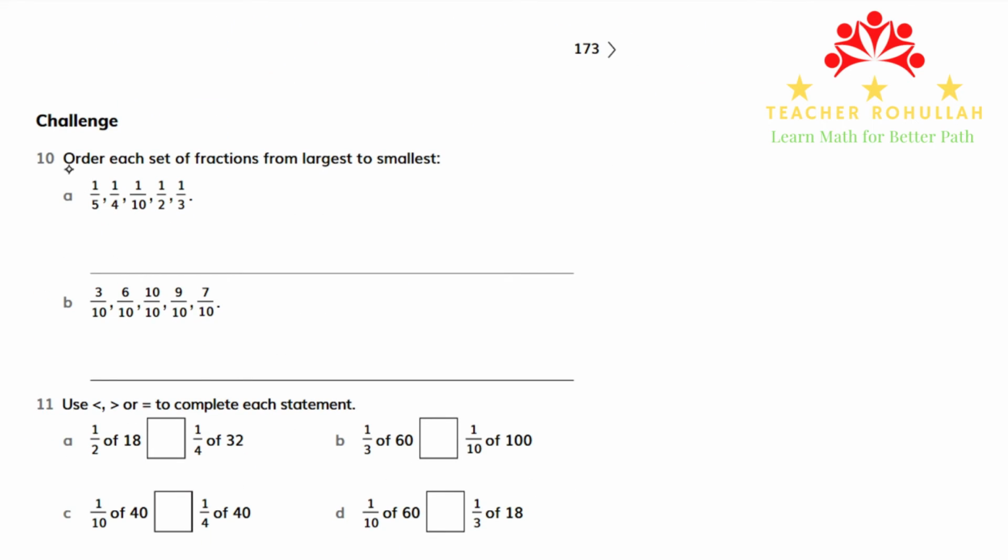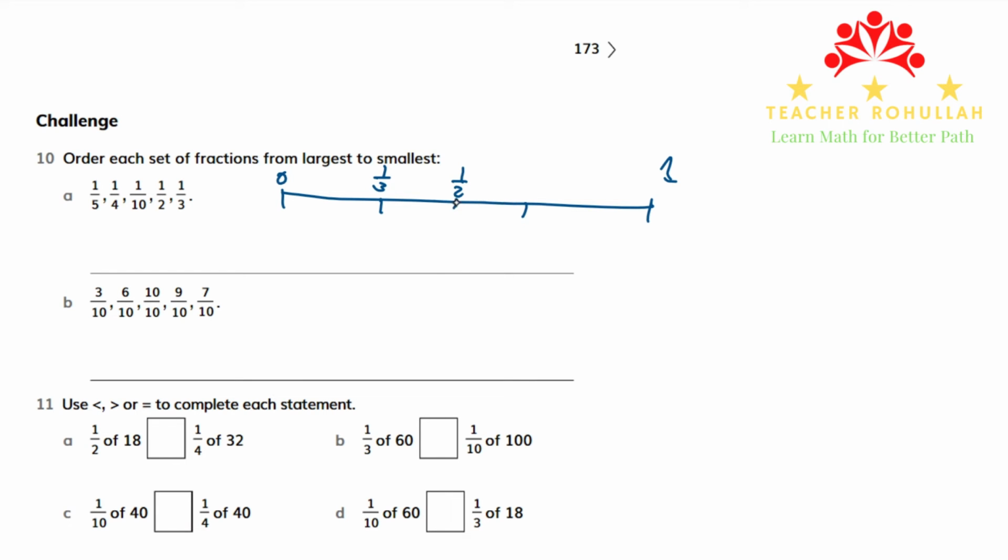Question 10 is a challenge, and it says, order each set of fractions from largest to smallest. Let me draw a number line over here, because a number line can easily help us to compare fractions or numbers, whatever we have. If this is 0 and this one is 1, now if we cut it into halves, this is showing 1/2. If we cut it into thirds, this one shows 1/3.